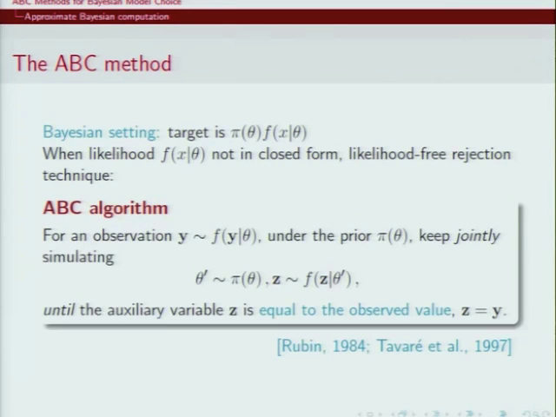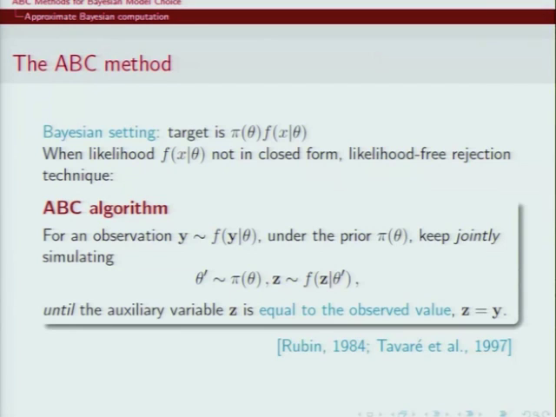So the ABC algorithm starts from this remark that is very simple: if we simulate parameters from the prior, then pseudo data conditional on those parameters, and wait for the pseudo data to be equal to the observed data, the resulting theta primes that come out of this loop are from the posterior distribution, because the probability of acceptance is exactly f of y given theta prime.